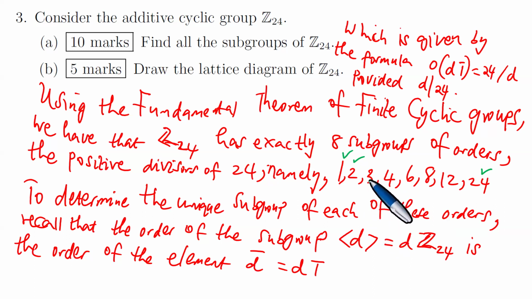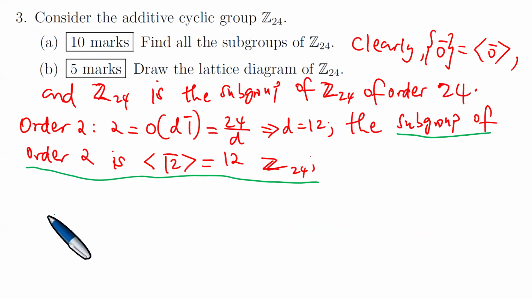Let's look at order 3, and then we can look at order 4. So if you look at order 3, order 3 would be 3 equals order.